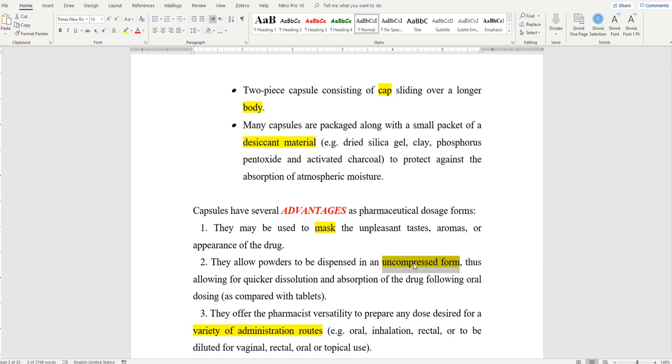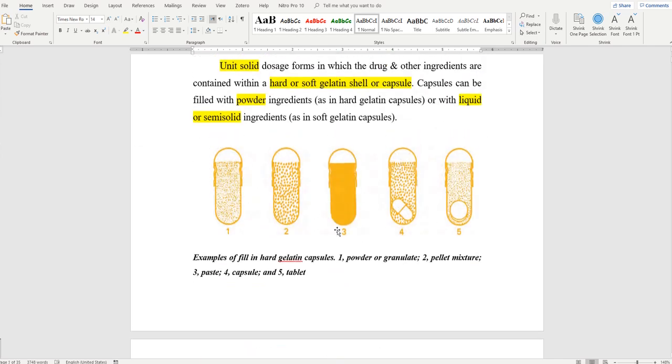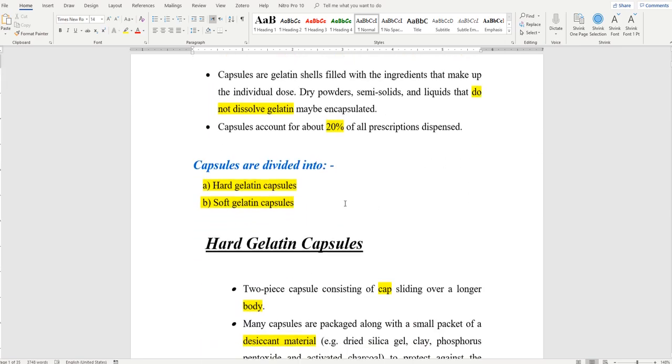Therefore, once the shell of the capsule dissolves in the stomach, and this can happen very quickly, I have carried out an experiment whereby I studied the time it takes for the shell to dissolve, and I found that within less than 6 minutes, all of the capsule shell will dissolve.